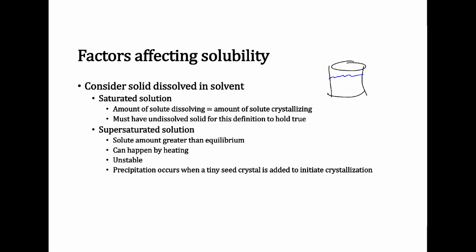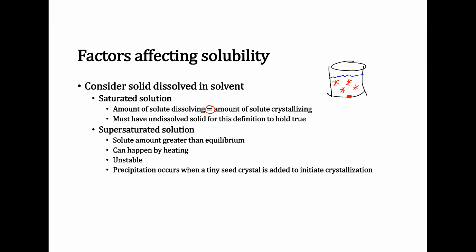This is the trickiest part about saturated solutions: the amount of the solute dissolving is equal to the amount of solute crystallizing. So let's see what this actually means. If you were to consider a saturated solution, let's say we have our solute dissolved right here, and then at the bottom we have undissolved solute. So this is a saturated solution because both dissolved and undissolved solute are present.